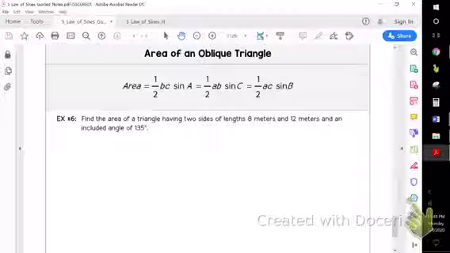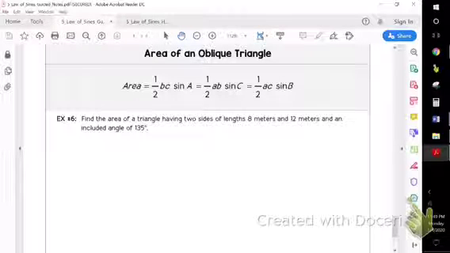Alright, so it doesn't matter which one of those you use. It's just based upon what sides they gave you. Now, what it comes out to be is you got 1/2 times a side times another side times sine of the angle that exists between them.